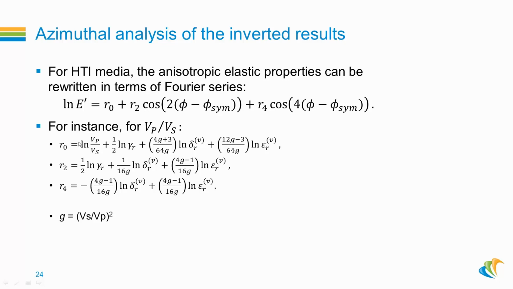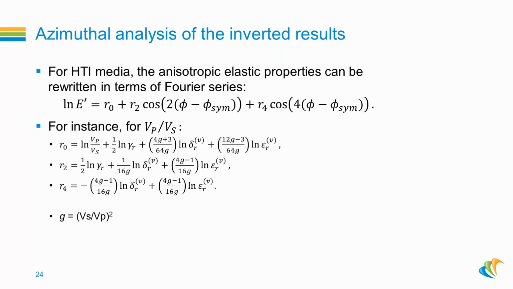And for VP/VS, I've done it here on this slide. They're all quite complicated formulas of the Thomsen parameters and of the VP/VS value of the background. But I'm writing it out here to show you that if you look at the R4 term, there's a 4G in here, and G is Vs over Vp squared. A typical assumption for the background medium, often used in the mathematical approximations, is that your VP/VS is 2.